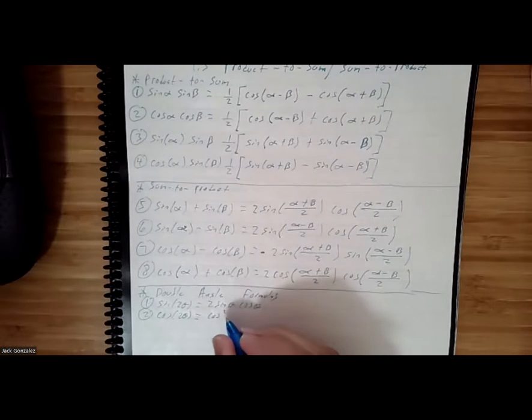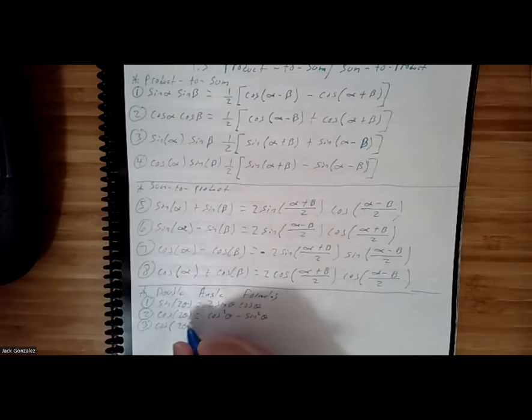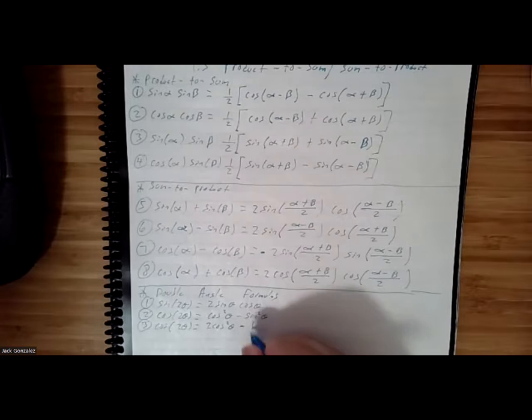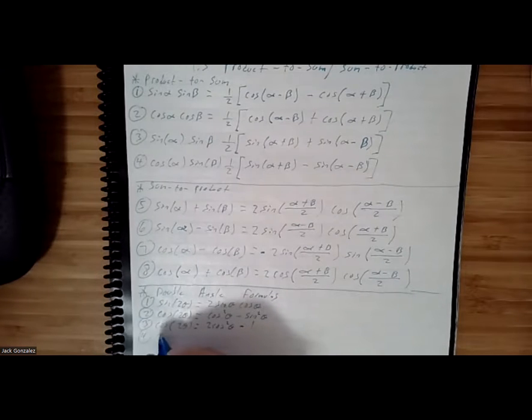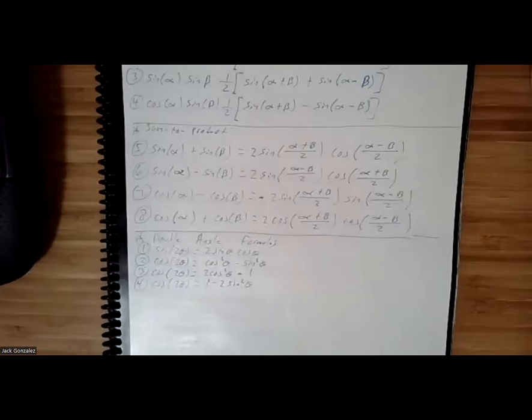Cosine 2 theta is equal to cosine squared theta minus sine squared theta. Number 3, cosine 2 theta is equal to 2 cosine squared theta minus 1. Number 4, cosine 2 theta equals 1 minus 2 sine squared theta. All right.